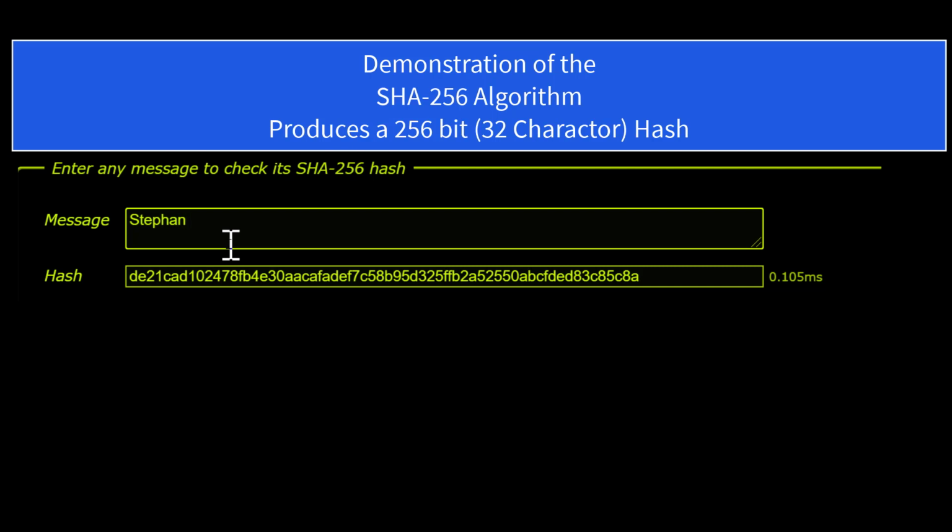So if somebody sends me an email and they also send me the SHA-256 hash of that email, I can then run the email through the SHA-256 hash algorithm, and if it produces a different hash, then I know that it has been altered. So like I said, it is used to prove the integrity of information.